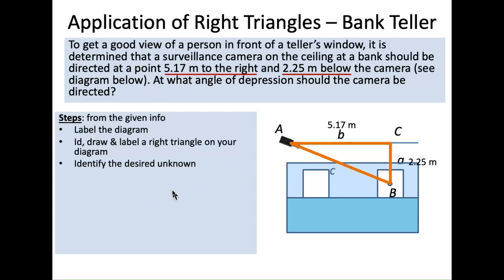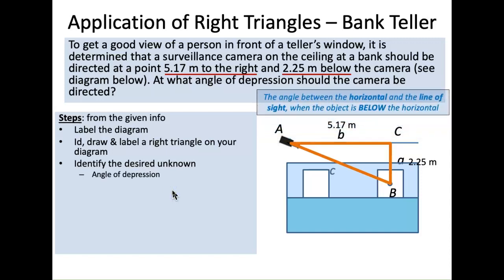And what we're trying to figure out here is the angle of depression. Now, the angle between the horizontal and the line of sight when the object is below the horizontal is the angle of depression. So we're looking at this angle right here, angle CAB. They're labeling that as theta. So that's the angle I want to find.